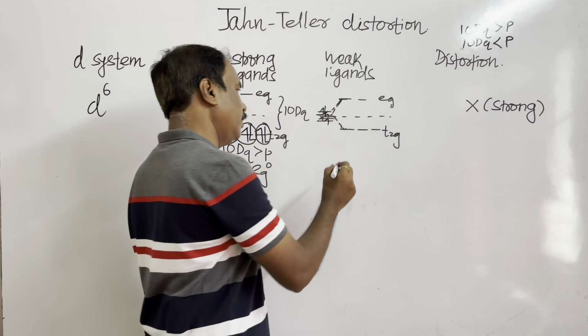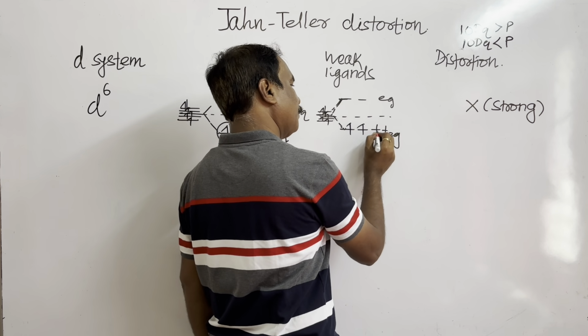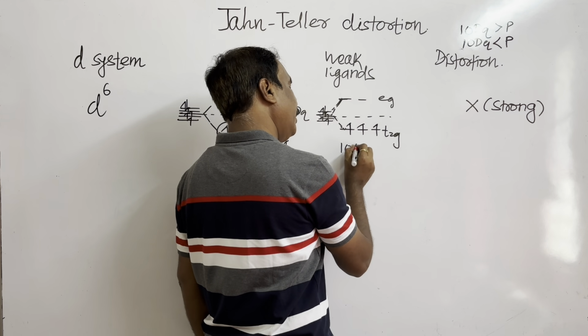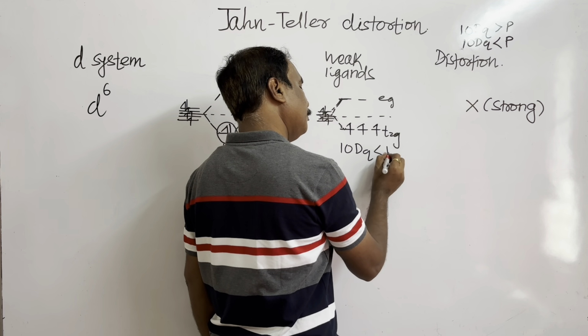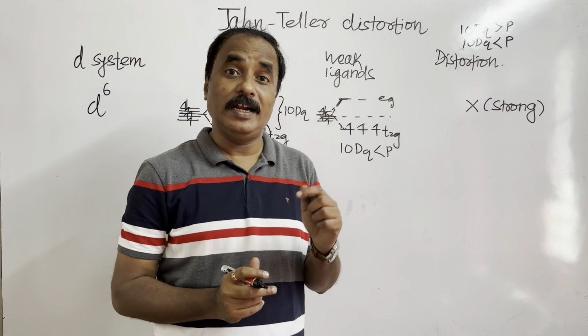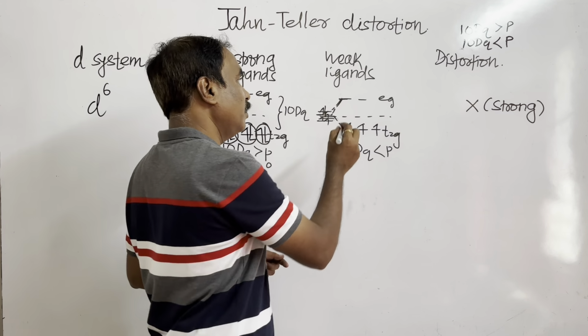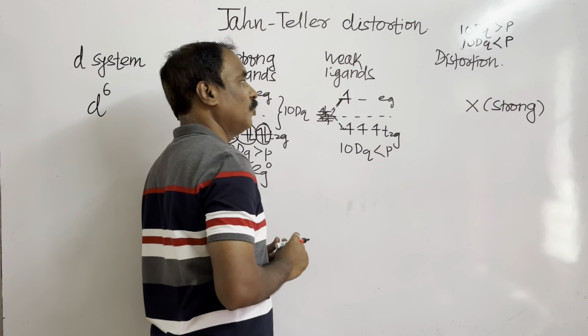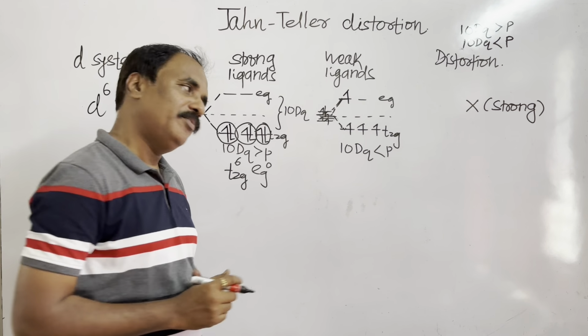Compulsory 3 electrons will enter in t2g. So here 10 Dq is less than pairing energy. Here pairing requires more energy. So the remaining electrons, the 4th electron will enter in eg.